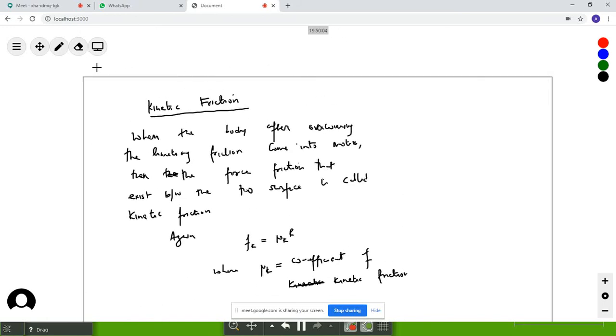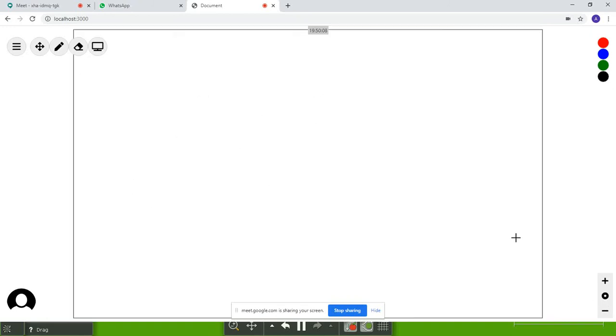Clear? So if I plot the curve of static friction by applied force, and this is static friction, I will see that the force gradually increases.